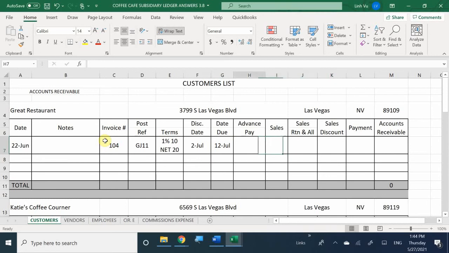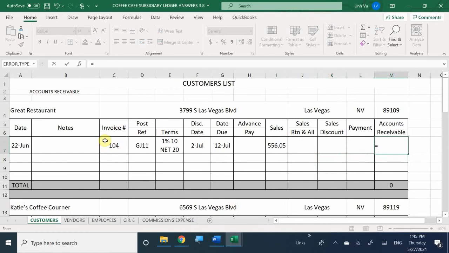The sale is for the total of $556.05 and they paid nothing. So again, our equation: sales minus advance payment minus sales returns and allowances minus discount minus payment still equals 556.05. Excellent.